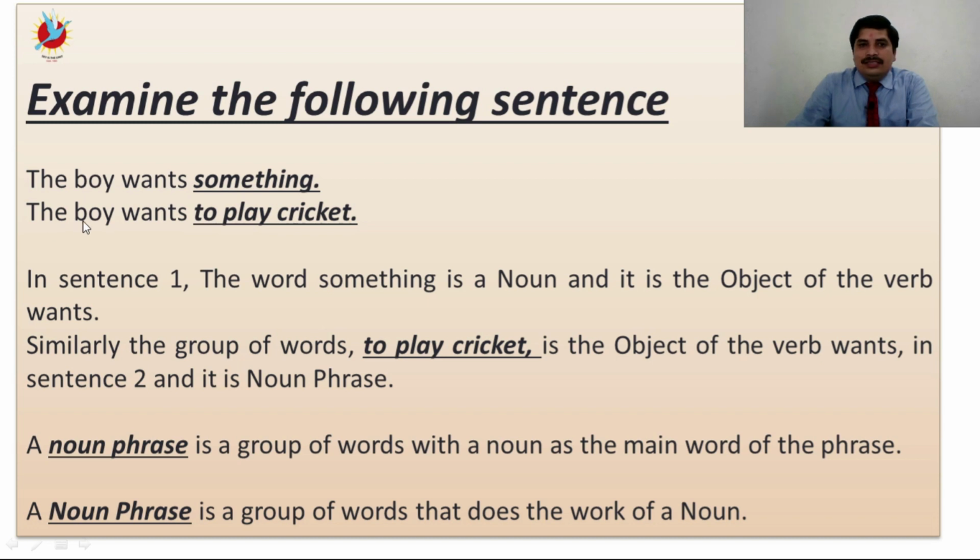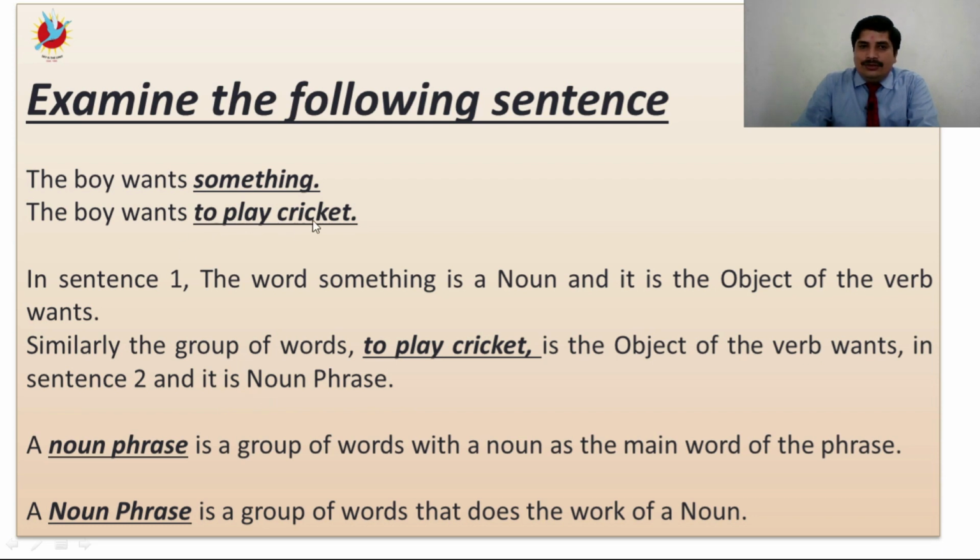Again the boy is the subject, wants is the main verb, to play cricket is the object to verb wants. Like this in the sentence 1, the word something is a noun and it is the object of the verb wants. Similarly, the group of words to play cricket is the object of the verb wants in the sentence 2, it is the noun phrase, right?